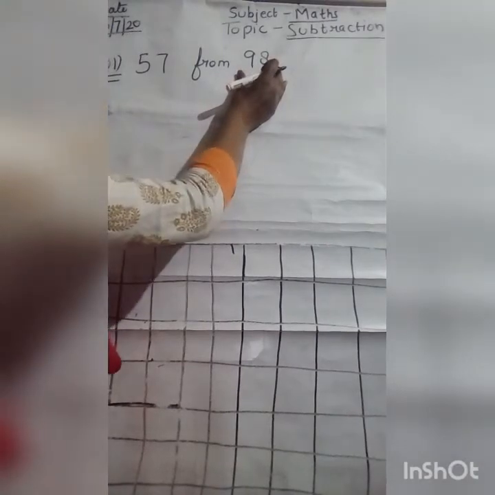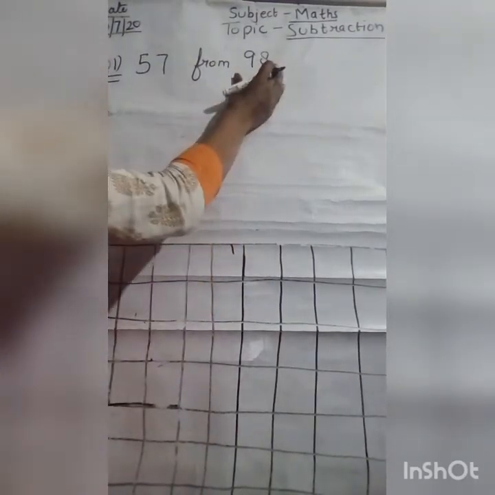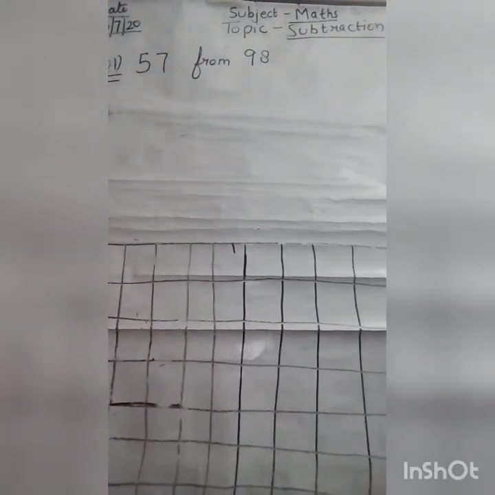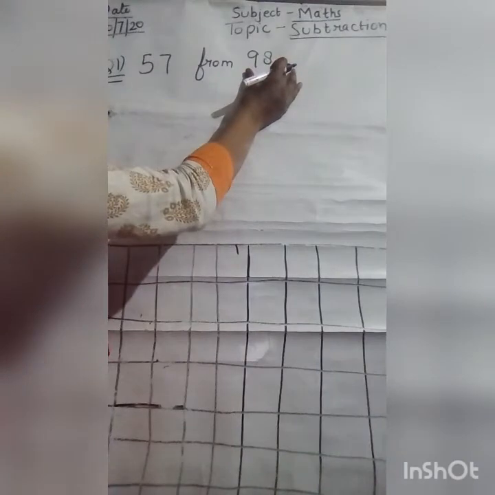So children, if 98 is greater and 57 is smaller, tell me which number I have to write on the first row? We have to write 98 because this is the greater number.